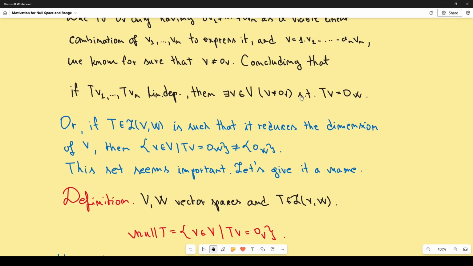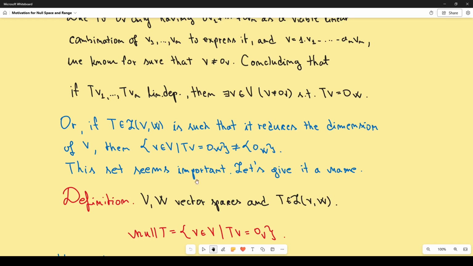And now here's a way to reinterpret that statement. So if T is some linear transformation such that it reduces the dimension of V, then this set over here, of all the vectors in V that get mapped to 0, is not equal to this set over here.